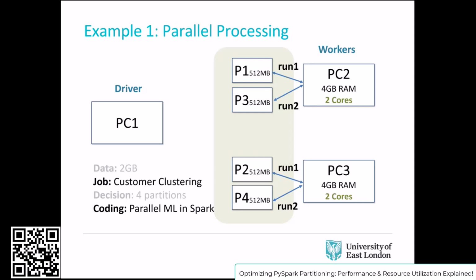Let's say if you have 5 cores, the number of partitions is better to be a multiple of the number of cores. It means that if you have 5 cores, how many partitions? 5, 10, 15, 20, 25, right? It is a multiple of the number of cores.